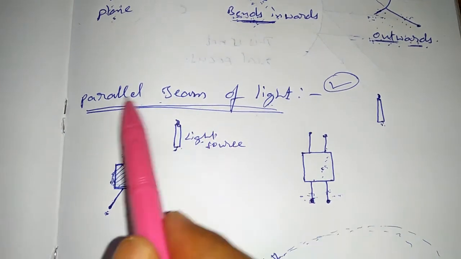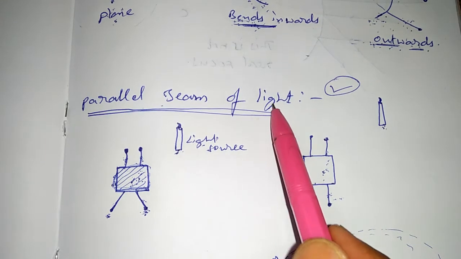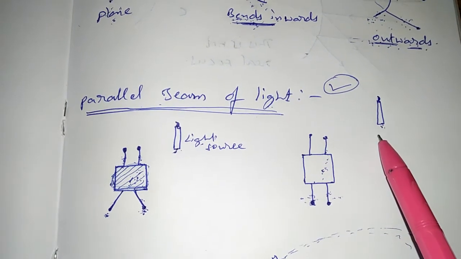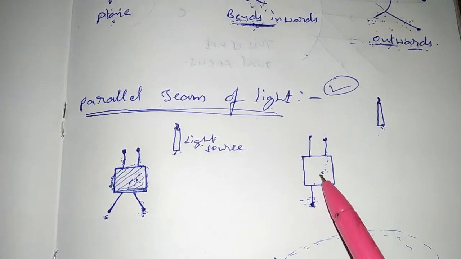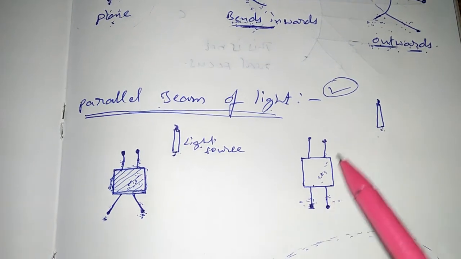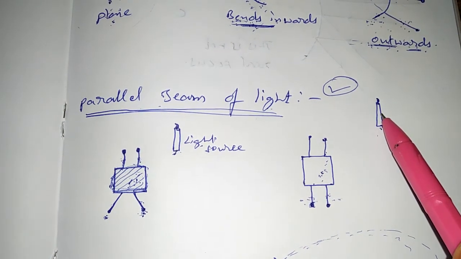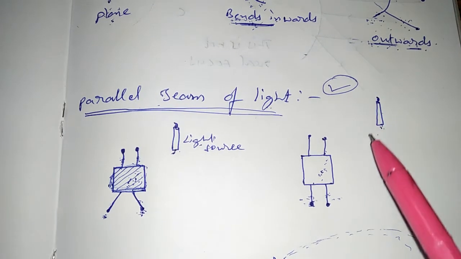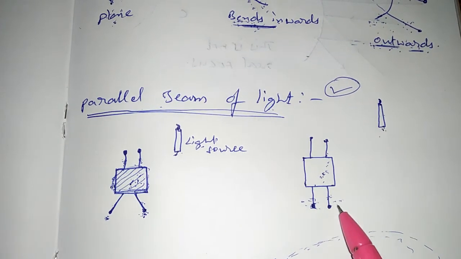That means to get a parallel beam of light, the light source must be far away from the object.